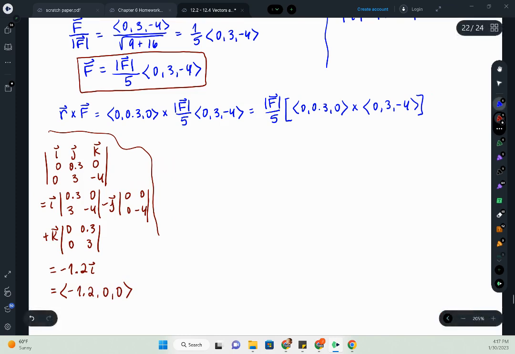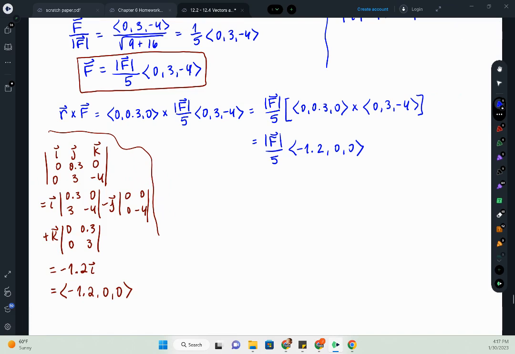So I'm going to go back in here and say that I've got the magnitude of F over 5 times negative 1.2, 0, 0. That's the result of my cross product. Now if I take the magnitude of R cross F, it's a little weird to write, but let's do it this way.